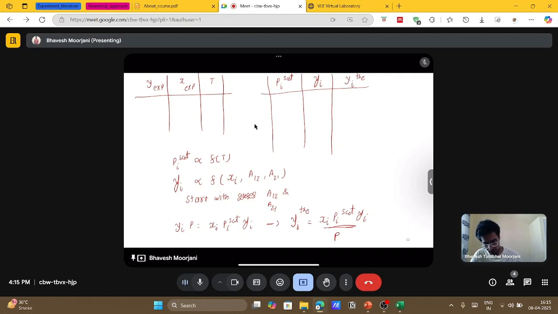Now we will take the difference between the experimental and theoretical values, squared. So we will find the error square.